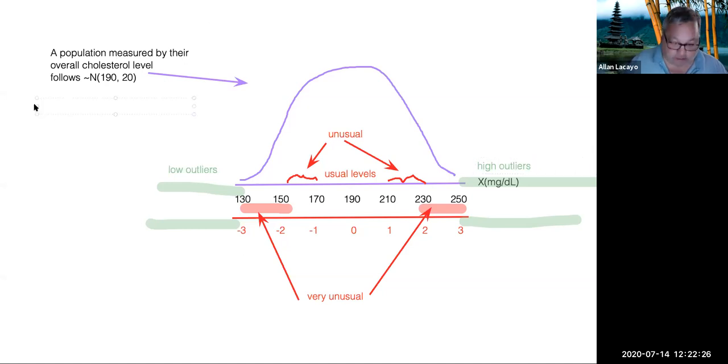Okay, so outliers are extremely high and/or low values, and they are very infrequent. Very infrequent, low probability.